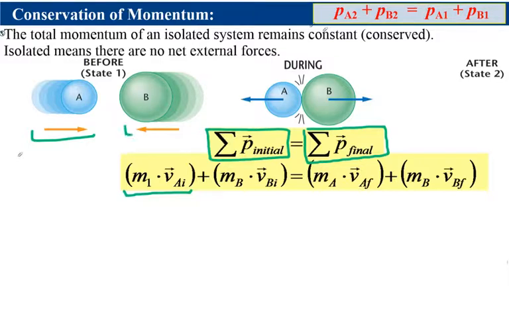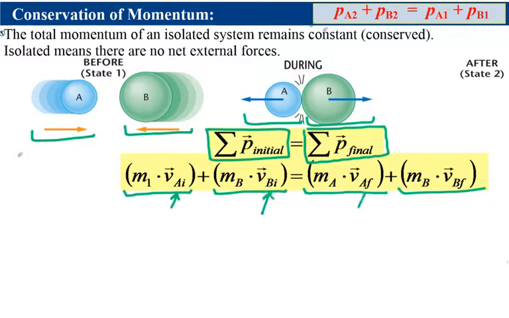And then the momentum of the second one before the collision is mass times velocity of the second one. And after the collision, I have mass times velocity of the first one and mass times velocity of the second one. Here you had initial velocity, with the i, and here you have the final velocity, with the f. And this is when they have an elastic collision, or it could be an inelastic collision.